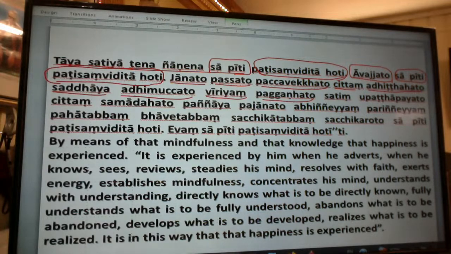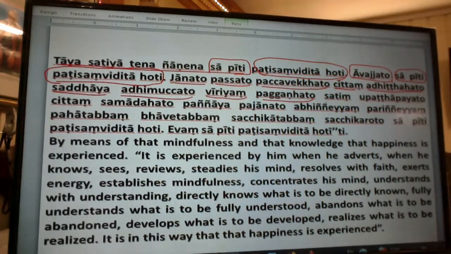Effort is very important, whatever we do. So in meditation, we need that kind of effort even more. In the Eightfold Noble Path, we say right effort, Samma Vayama. So here the Pali mentions Viriyam Pakkanato. Pakkanato means make very strong effort.